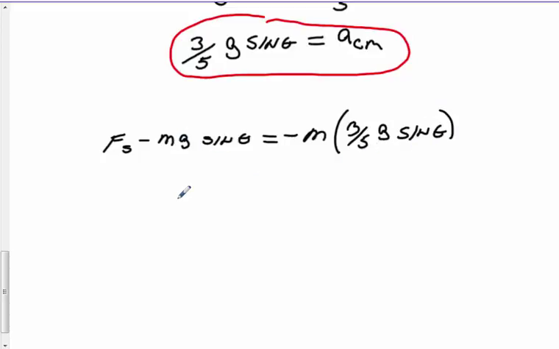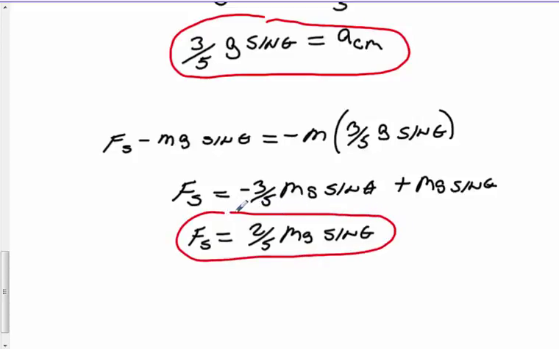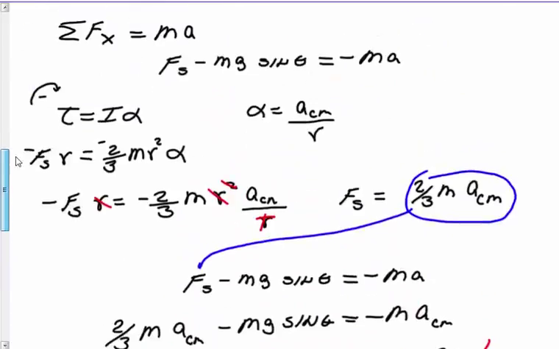I will move this to the other side. We will solve for static friction. Static friction is going to equal minus 3/5 mg sine theta plus mg sine theta, and I will get static friction is equal to 2/5 mg sine theta. All right, I'll go back and fill that in, 2/5 mg sine theta.